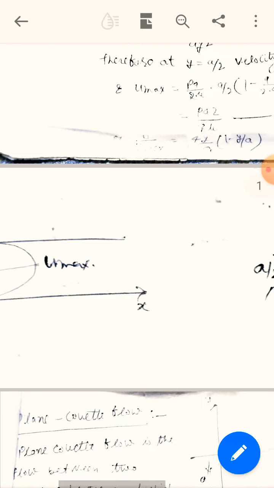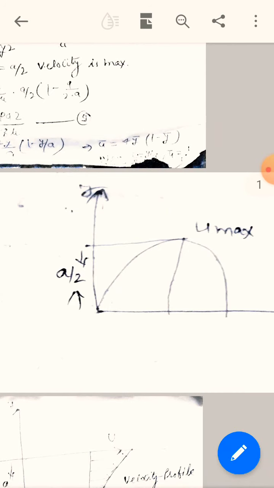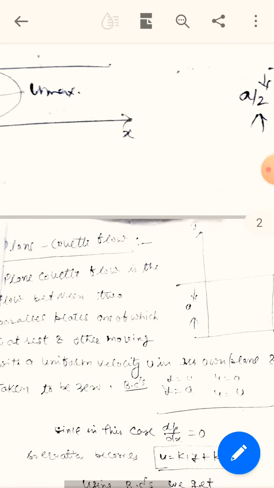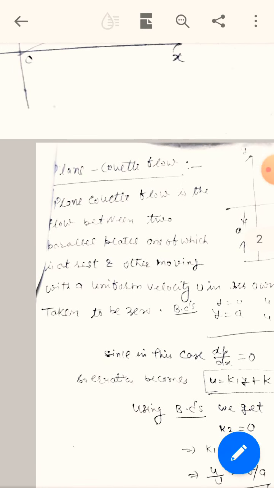So the velocity is 0 at y is equal to 0, increases to the maximum, and then decreases. This is the case of plane Poiseuille flow.